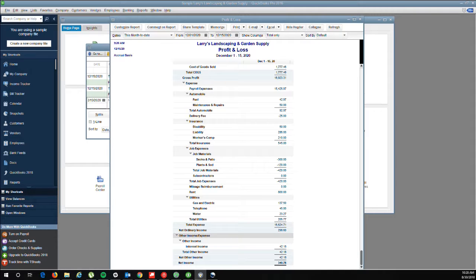Make sure that when you're putting this in, and this is not from a tax perspective, okay? That's between you and your tax preparer. But this is for you to make sure that you know what your business is doing. That's my concern. I am planning to do taxes hopefully this coming year, but my concern is that when my clients look at their profit and loss, I want these numbers to be meaningful to them.